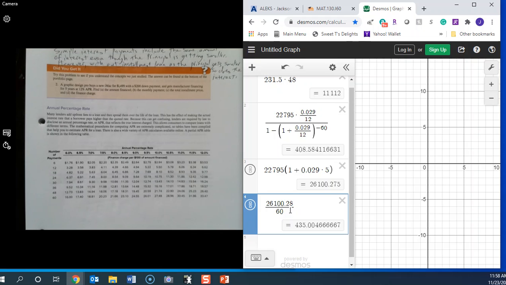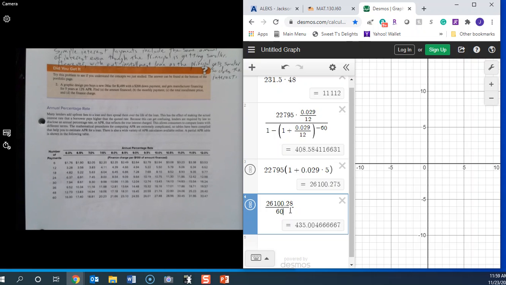This allows consumers to compare loans with different terms. The mathematical procedures for computing APR are extremely complicated, so tables have been compiled that help you to estimate APR for a loan. There is also a wide variety of APR calculators available online. A partial APR table is shown in the following table.